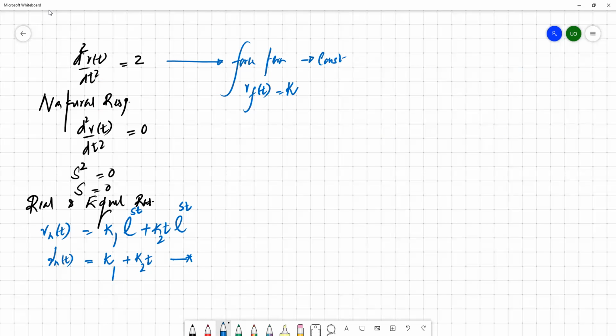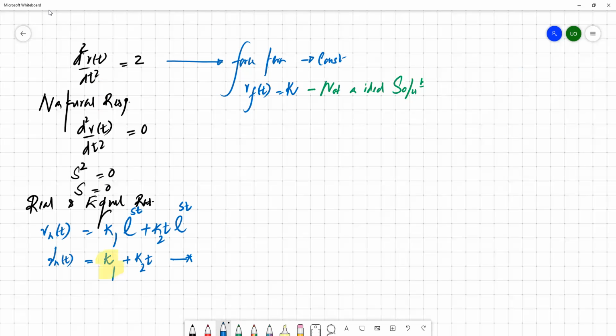Once you propose this, there is a constant also in the natural response, so this is not an ideal solution, because it is already embedded in the natural response.